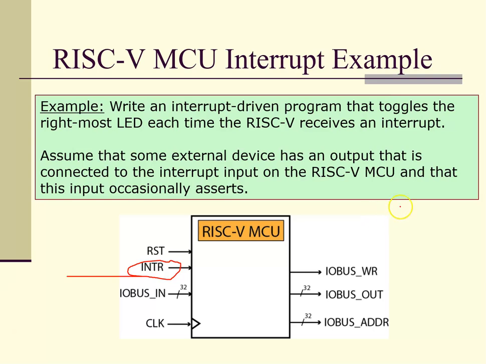So if the LED is on, it's going to be turned off. If it's off, it's going to be turned on. What you have to assume is that some external device here is connected to this INTR input, and that's going to be occasionally generating an interrupt which causes the LED to toggle.